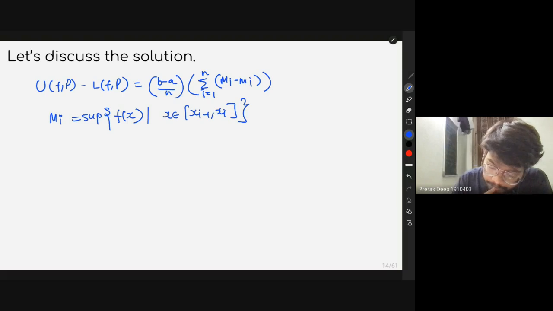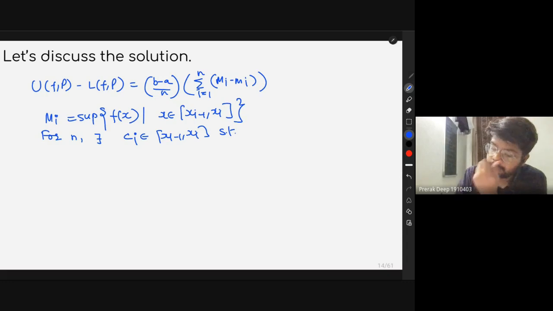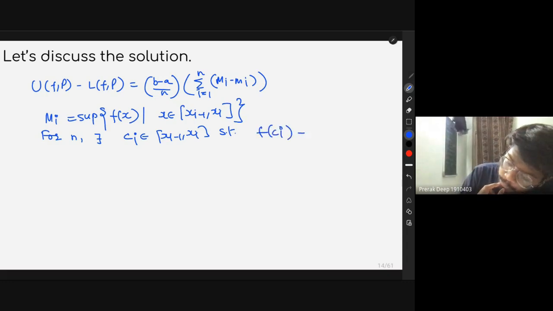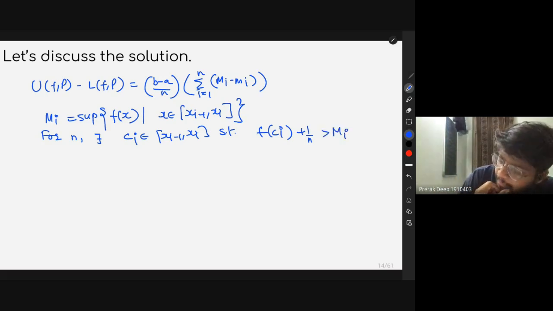So what happens if I subtract f(x)? For n, there exists some ci in the interval (x_{i-1}, x_i) such that if I add 1 over n to ci, it will be larger than Mi.